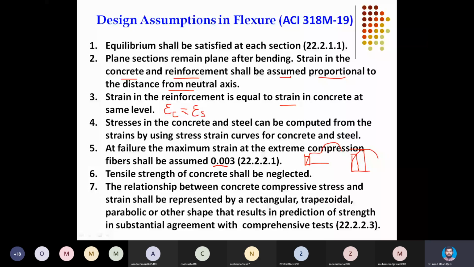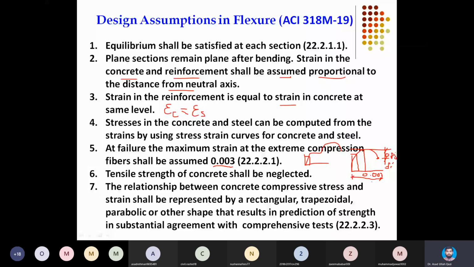So it means at the ultimate crushing stage, which we stated is actually 85% of the peak, 0.85 f'c, corresponding to that, the ultimate strain fixed by ACI is 0.003.